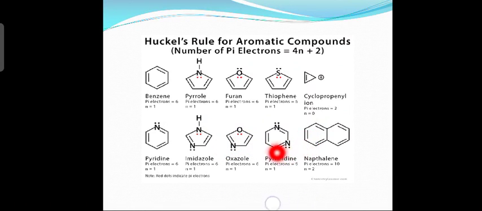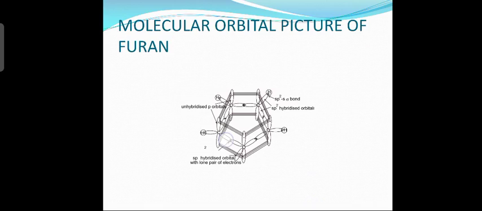Then pyrimidine has 3 double bonds, 2 into 3 is 6. Naphthalene has alternate double and single bonds. How many pi electrons? 2 plus 2 is 4, plus 2 is 6, plus 2 is 8, plus 2 is 10, so a total of 10 pi electrons. If you substitute in the 4n plus 2 formula, you will get n equal to 2.